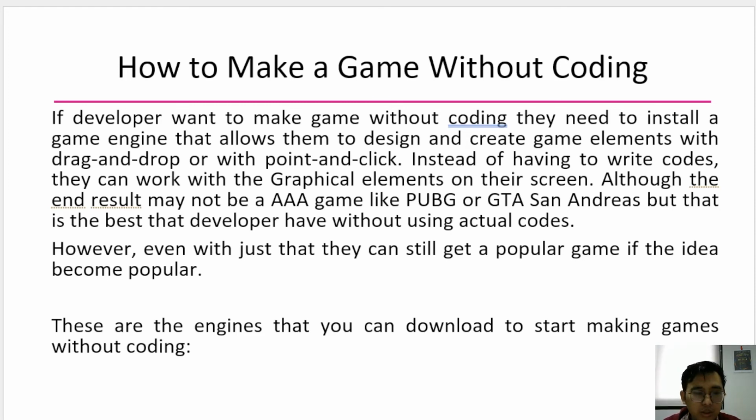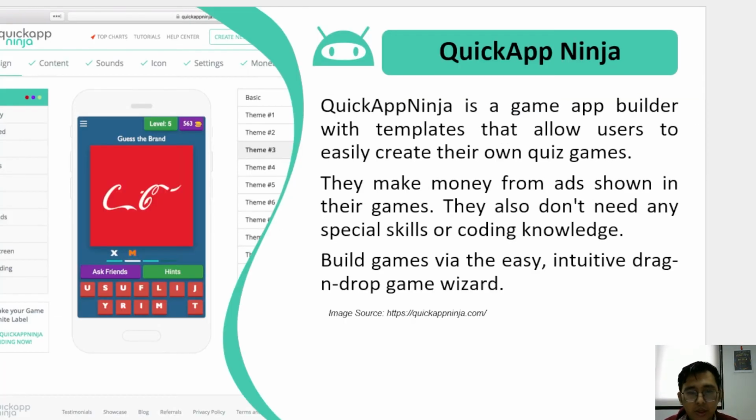So the first one is a game engine called Quick App Ninja. It is an app builder with templates that allow users to create their own focus quiz games. It can also be used to make profits using the ads shown in their games.